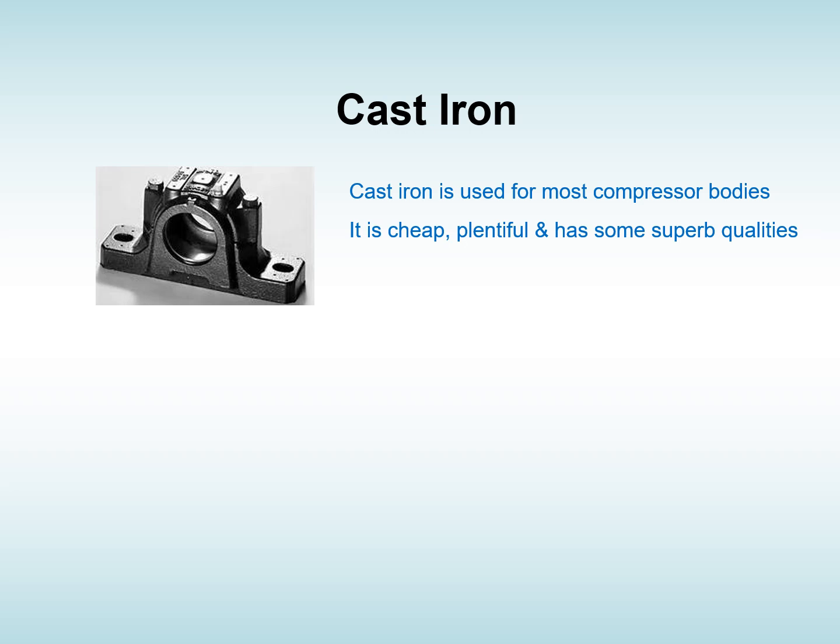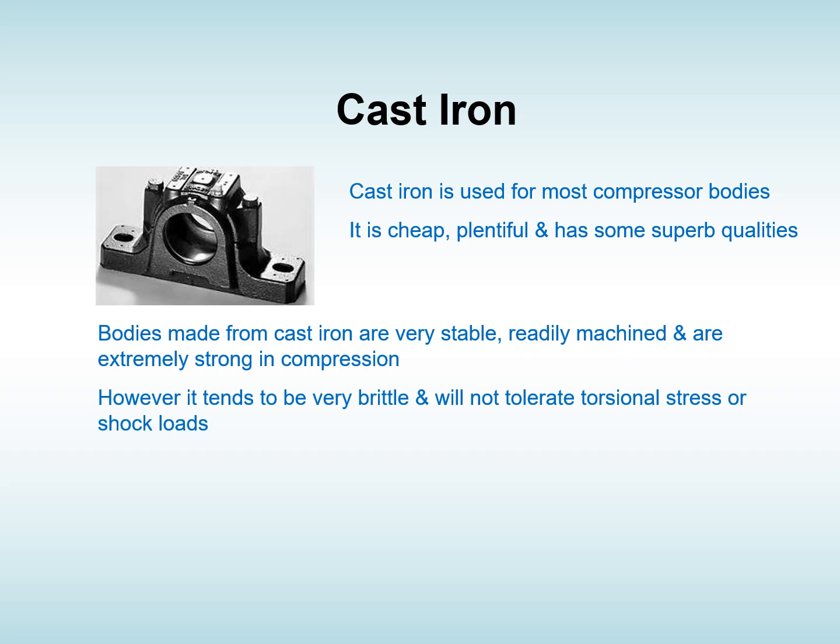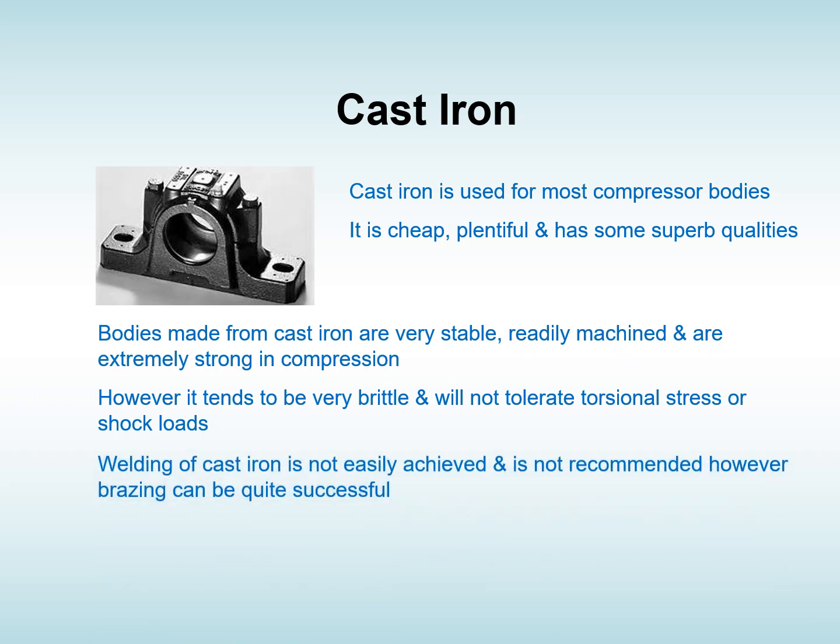It is cheap, plentiful, and has some superb qualities. The bodies made from cast iron are very stable, are readily machined, and are extremely strong in compression. However, they tend to be very brittle and will not tolerate torsional stress or shock loads.